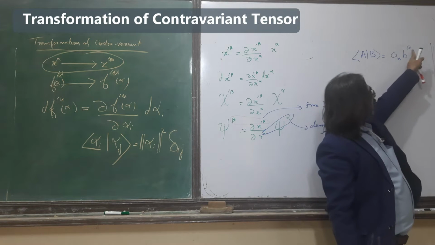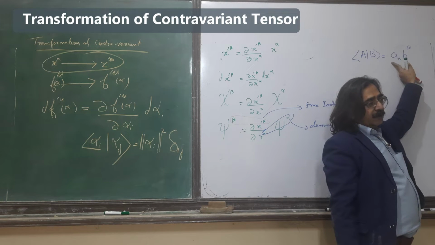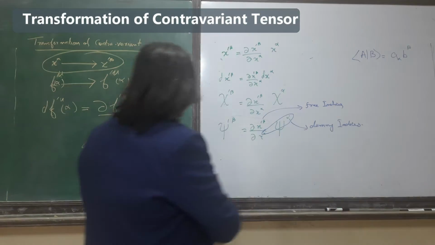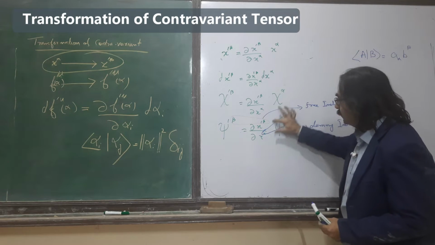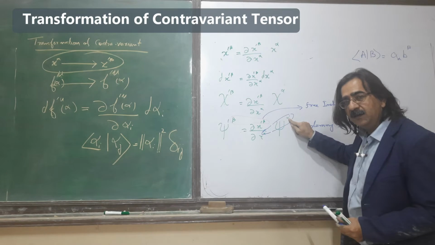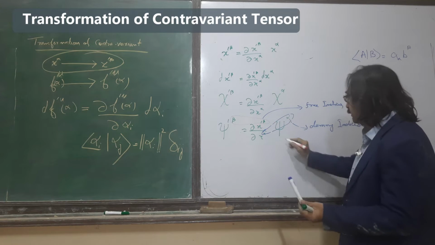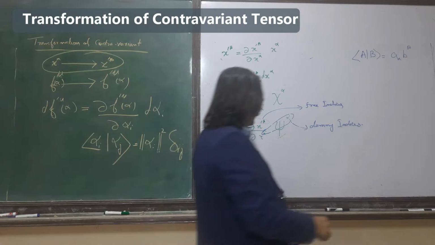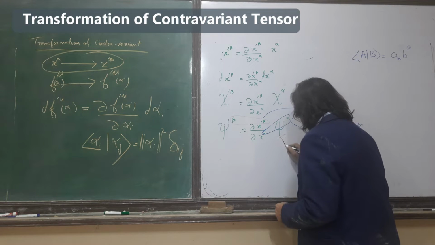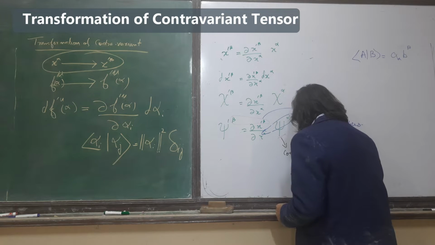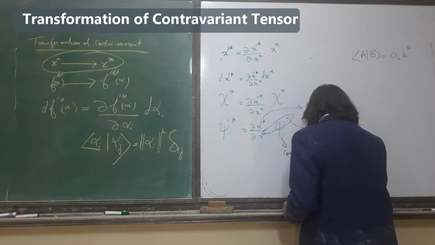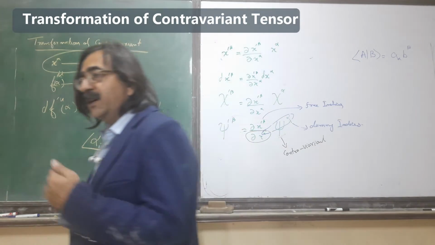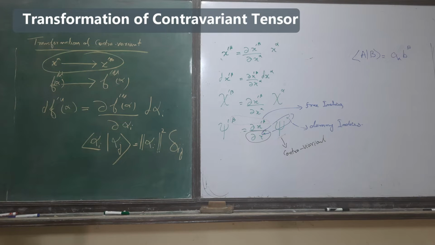So whenever you take a dot product, one will be covariant and one will be contravariant. We know that this has a superscript, so this is contravariant. So what will this be? If this is contravariant, it must be contracted with the covariant.